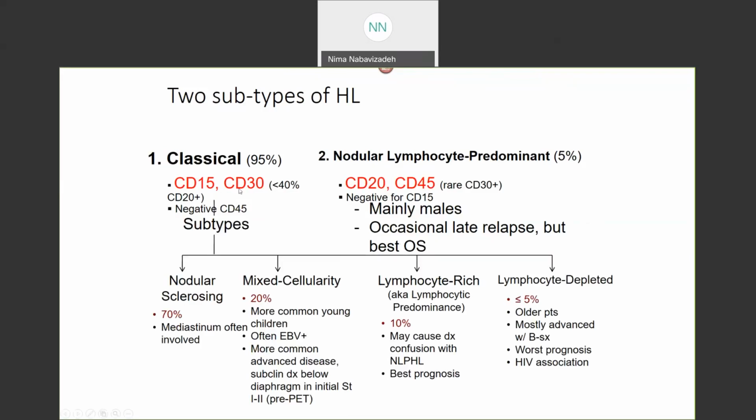And then the classical lymphomas are further divided into subtypes based on what they look like on H&E and with immunohistochemistry. And as far as treatment, these subtypes of classical Hodgkin's lymphomas don't really change what we do regarding treatment.